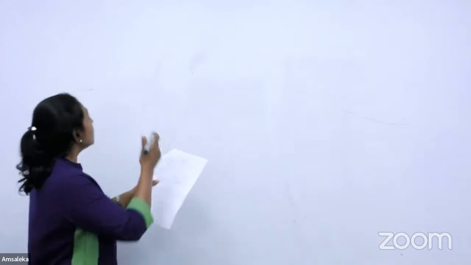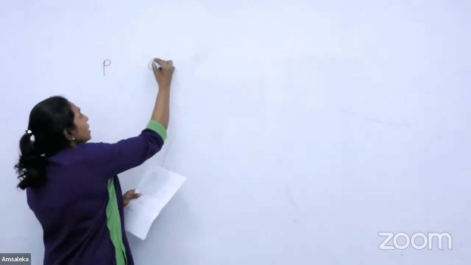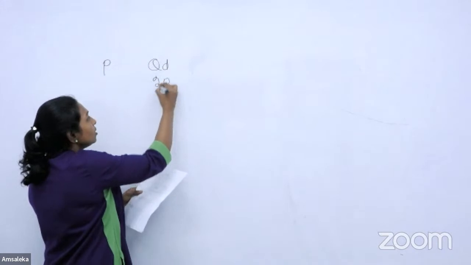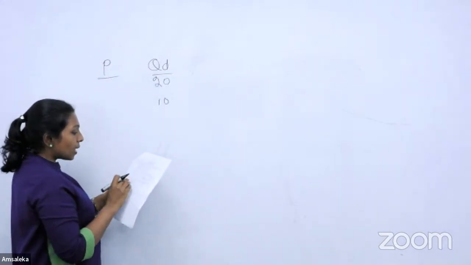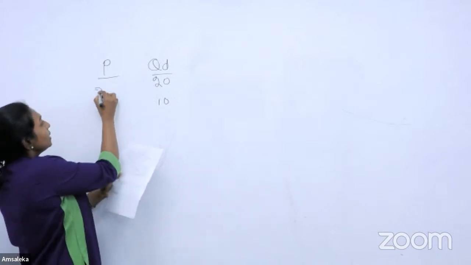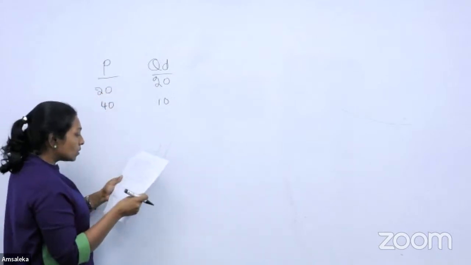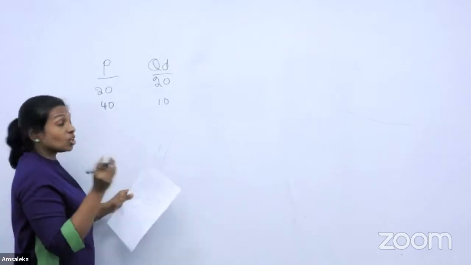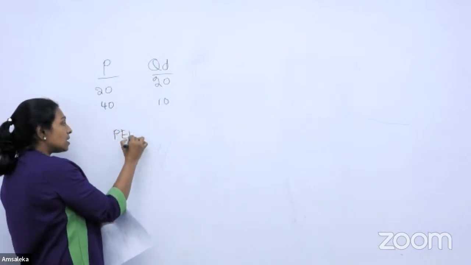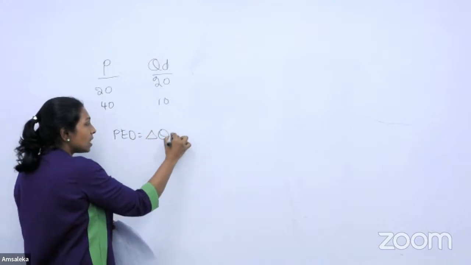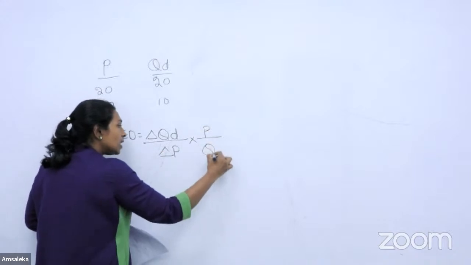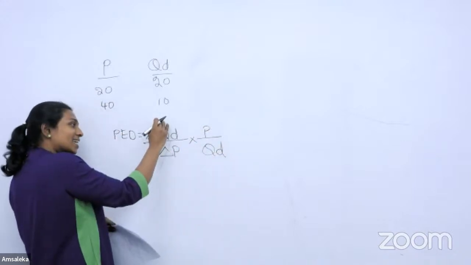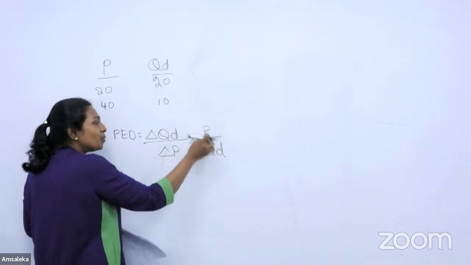For a certain commodity, the quantity demanded decreases from 20 to 10 when the price increases from 20 to 40. Now they are asking the price elasticity of demand. Price elasticity of demand is calculated by delta QD over delta P times P over QD.